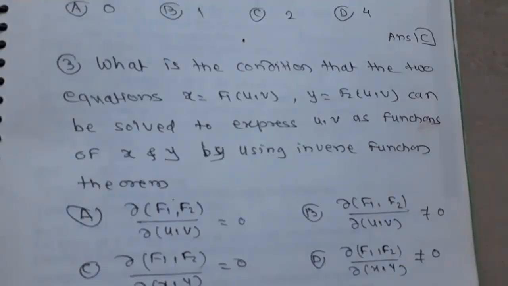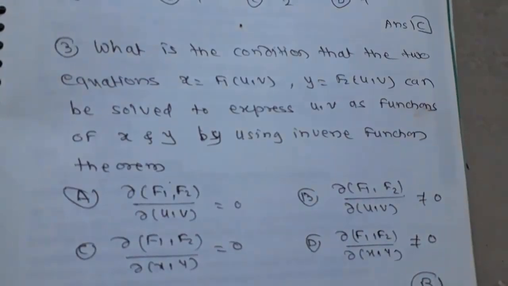What is the condition that the two equations x equal to f1 of uv, y equal to f2 of uv can be solved to express u and v as functions of x and y by using the inverse function theorem? The options are A, dou f1 f2 by dou uv equal to 0; B, dou f1 f2 by dou uv not equal to 0; C, dou f1 f2 by dou xy equal to 0; and D, dou f1 f2 by dou xy not equal to 0.